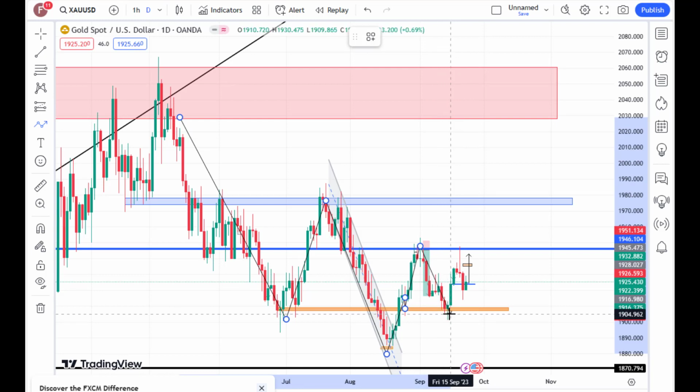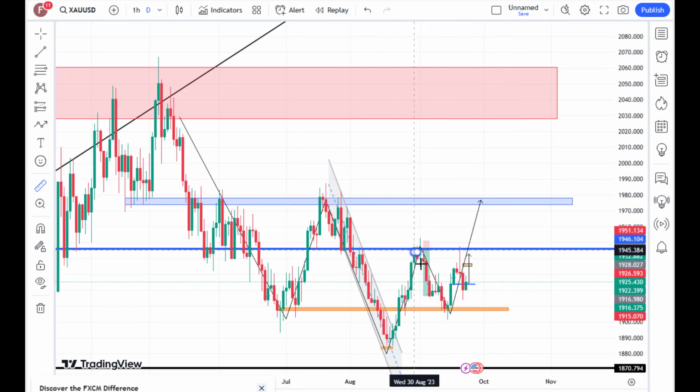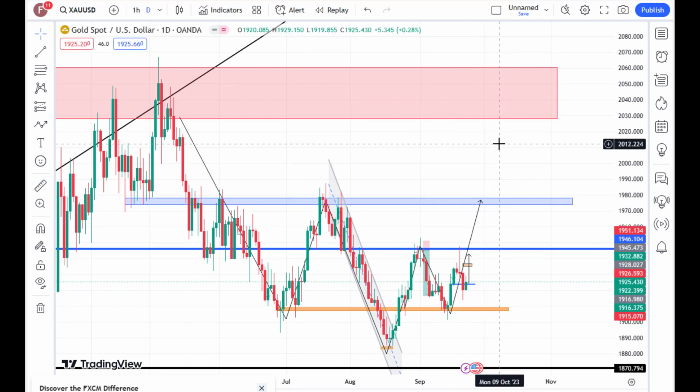So now from the daily time frame forecast, we have a possibility like this. Guys, that could be a possibility that will make a very strong move, that will be hundreds of pips right there. So this is our forecast from the bigger time frame perspective.